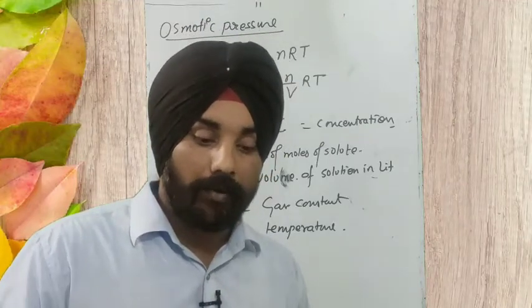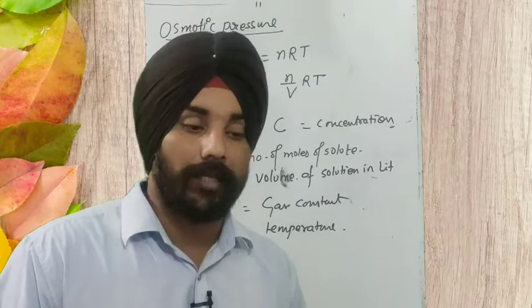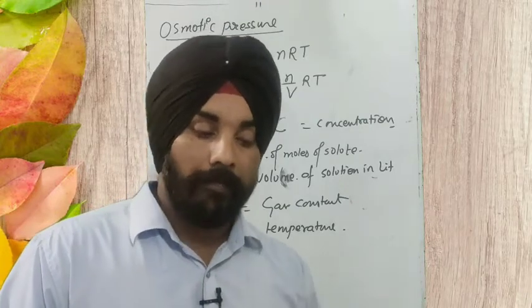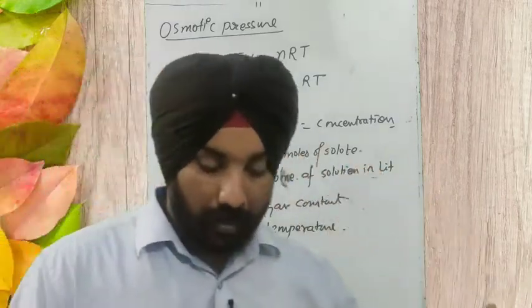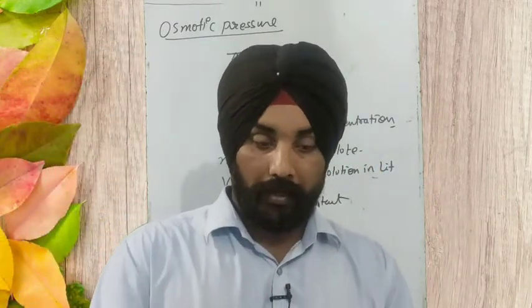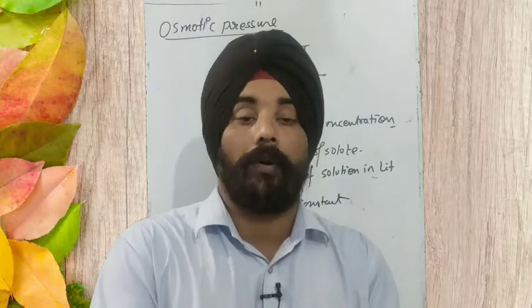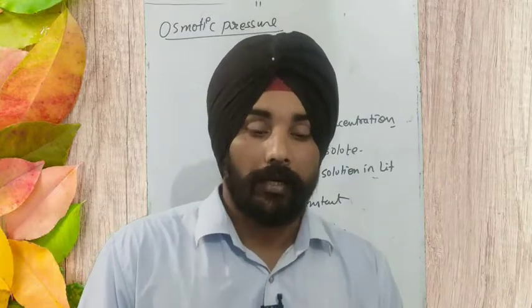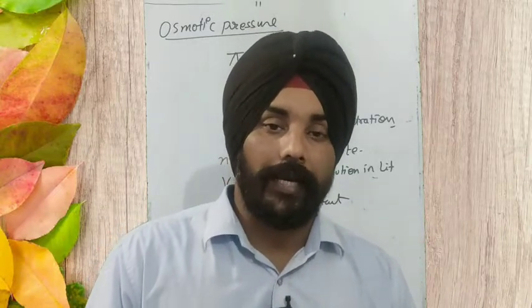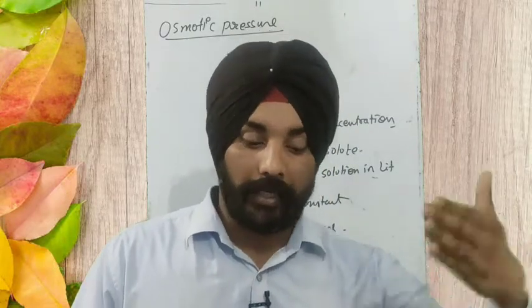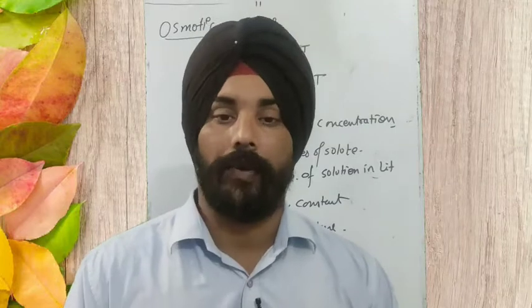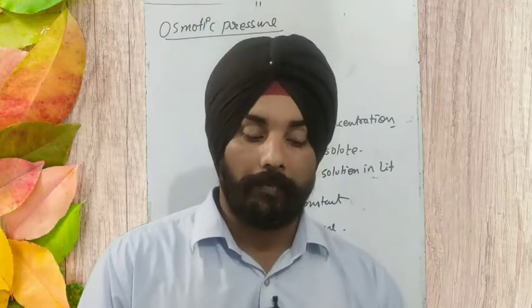Why do we use osmotic pressure only to measure the molecular mass of such molecules? Because biomolecules are the kind of molecules whose properties change when the temperature is changed. That is why we take osmotic pressure, not elevation of boiling point, not depression of freezing point, not relative lowering of vapor pressure.